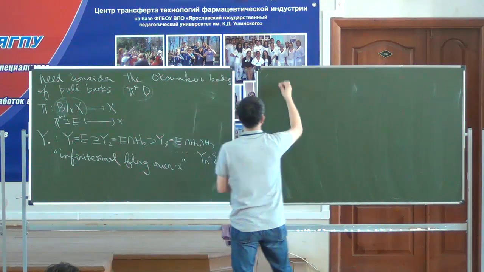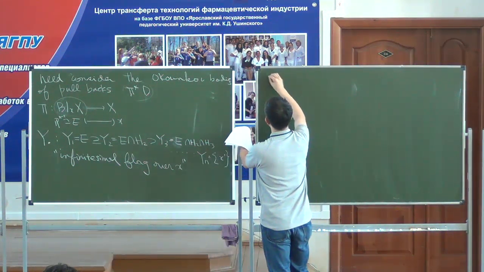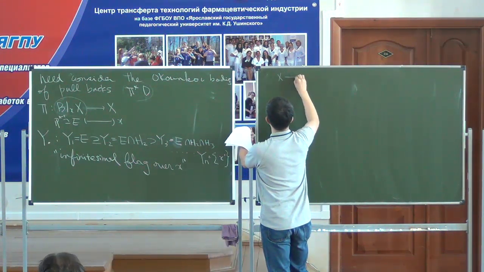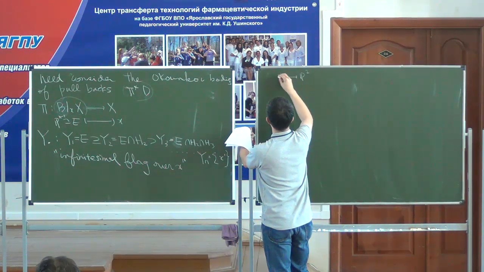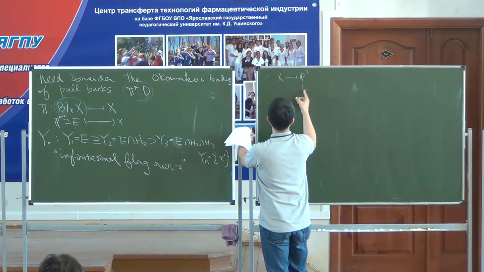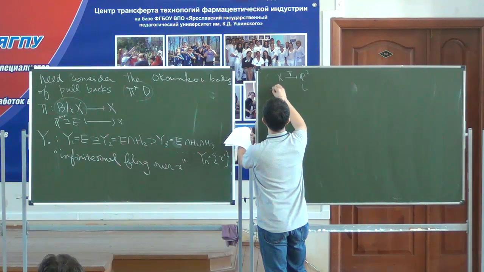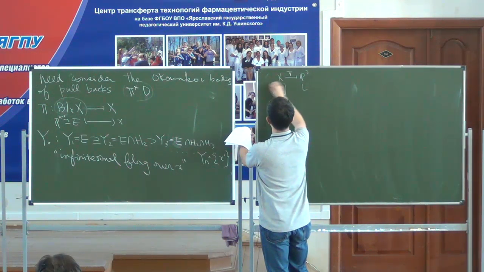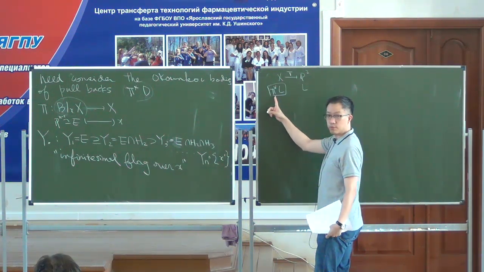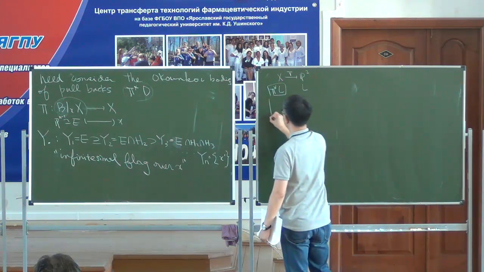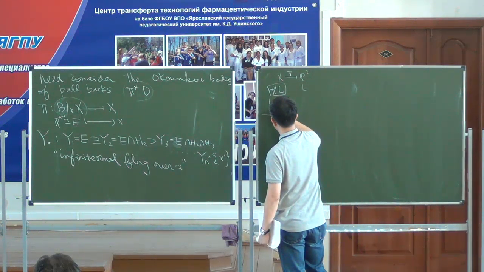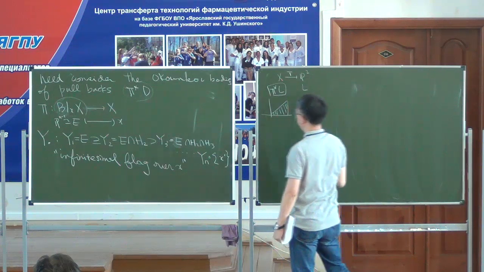As we saw in the P2 case, we had this blob of P2 and this line. You pull back the line, and we study the Okounkov body of this pullback, and the shape looked like this.